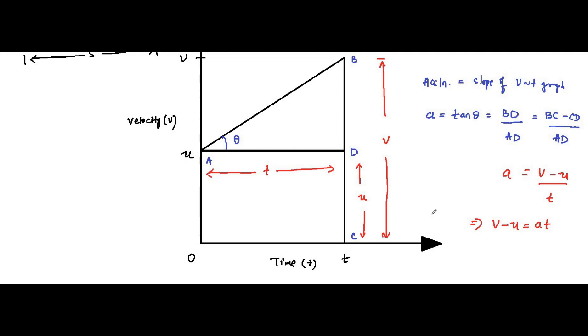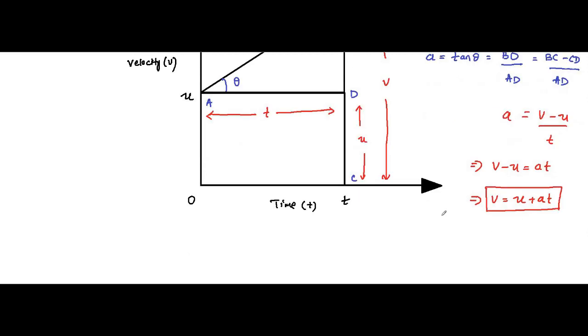Okay, v minus u is equal to at, and that implies v is equal to u plus at, which is nothing but the first equation of motion.